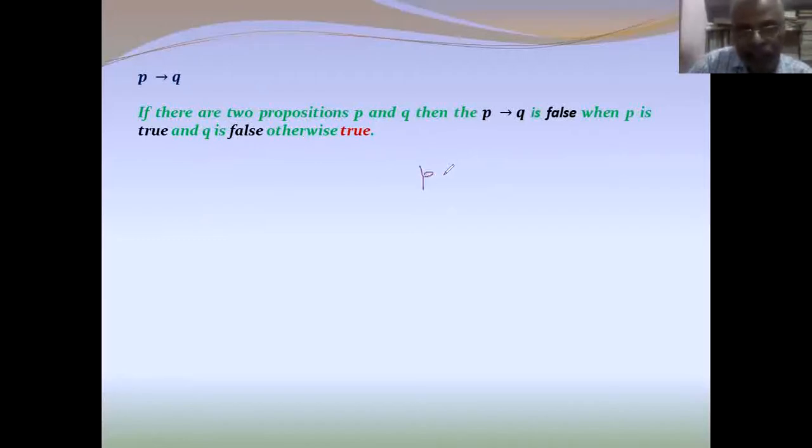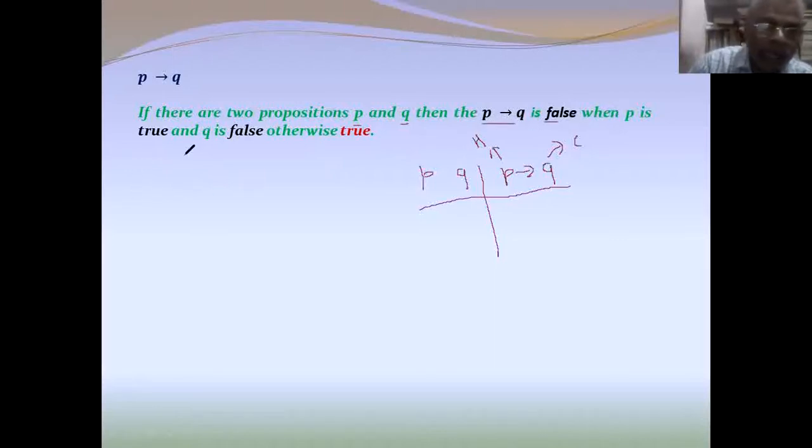P is the hypothesis, antecedent, or premise; generally we say hypothesis, and Q is called the conclusion. P implies Q is false when P is true and Q is false.